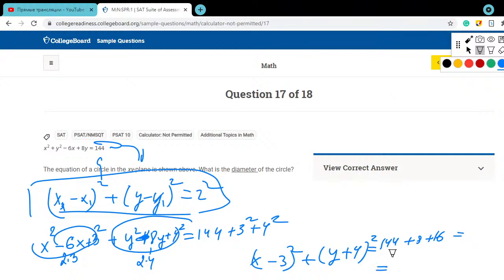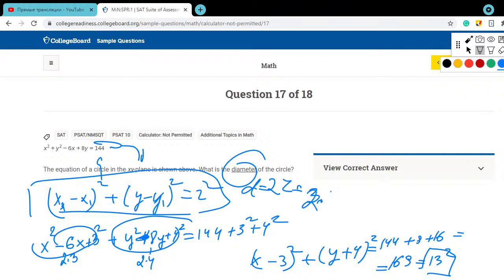We get here, I guess, 169, and this is 13 squared. So the answer is not 13 because we need to find the diameter, so d equals 2r, and r is 13, and 2 multiplied by 13 is 26.